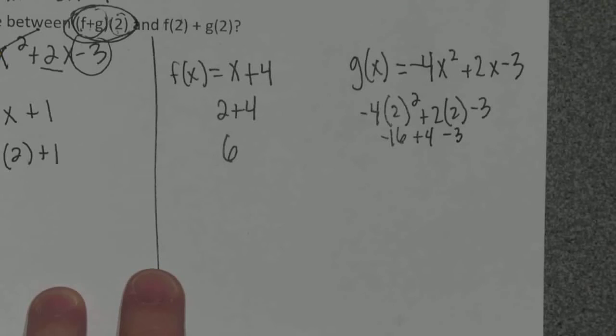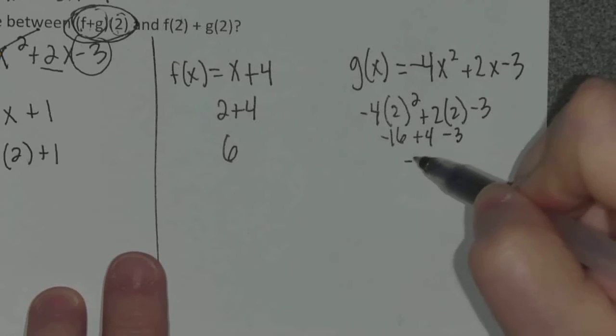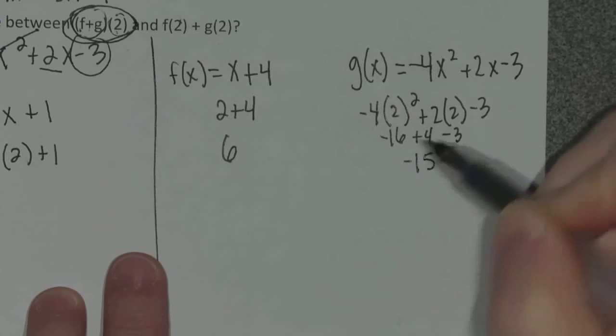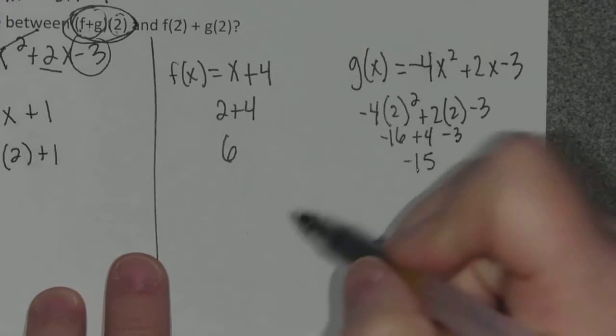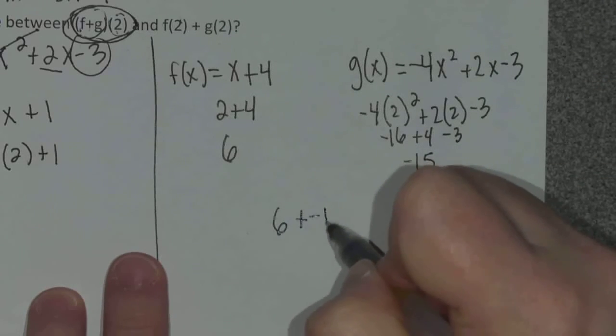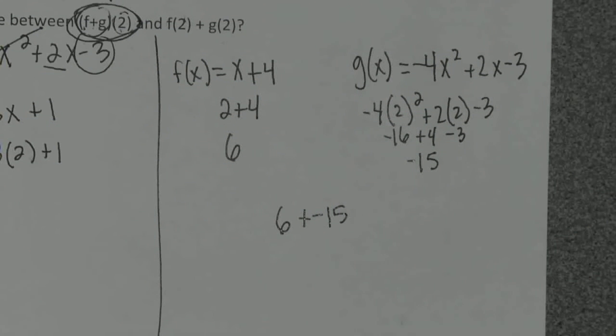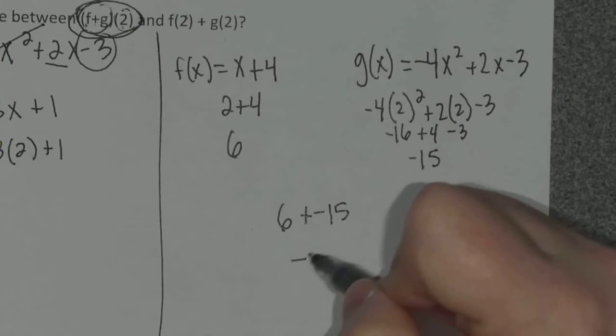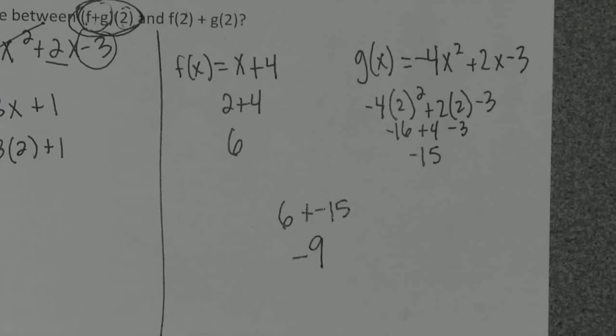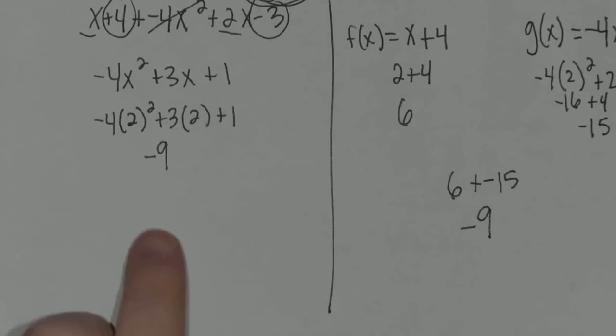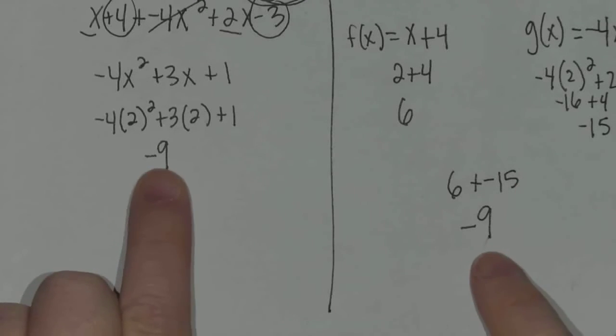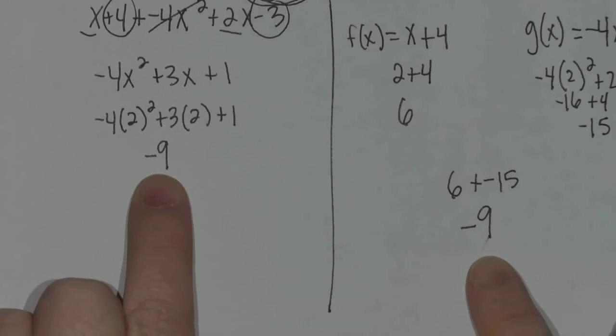That adds together to be negative 15, right? So when I add 6 and negative 15 together, what did I get? Negative 9. So did it matter which way I did that? Nope, because guess what I got both times? I got negative 9 both times, okay?